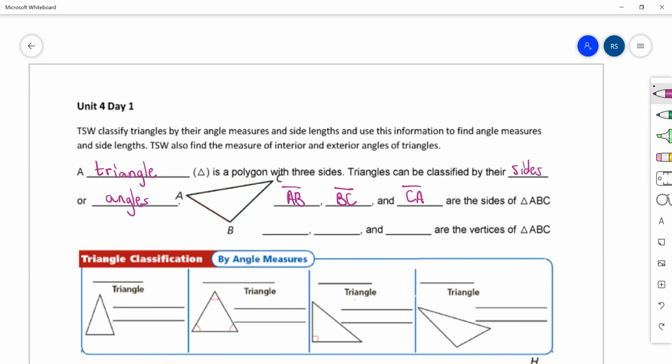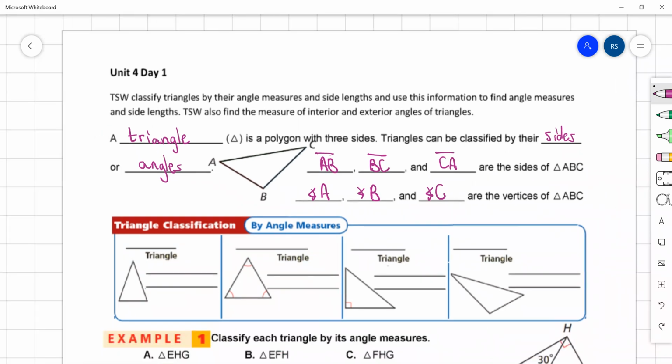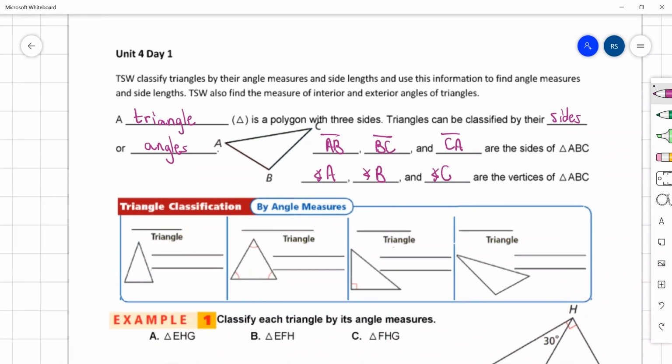The vertices, which is a fancy way of saying the angles, are angle A, angle B, and angle C. So we got our sides, we've got our angles.